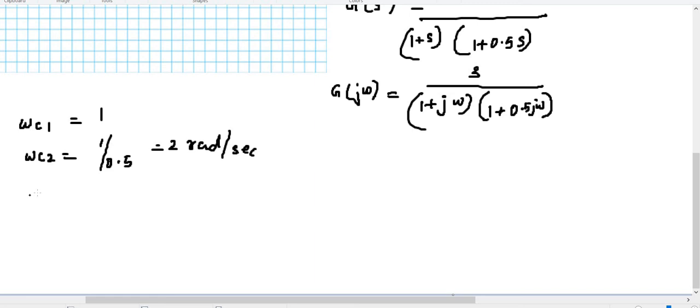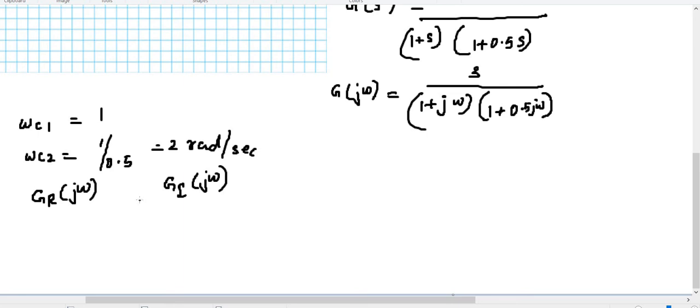That means we have to find GR(j omega), that is the real part of the sinusoidal transfer function. Also we have to find GI, that is the imaginary part of G(j omega), for different values of omega in and around the corner frequencies.